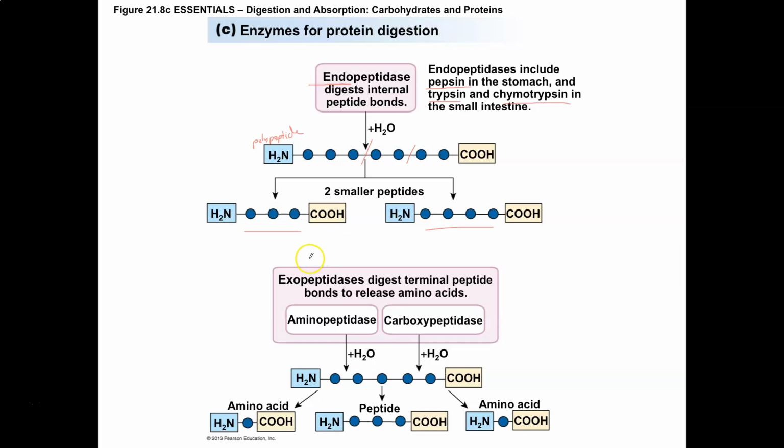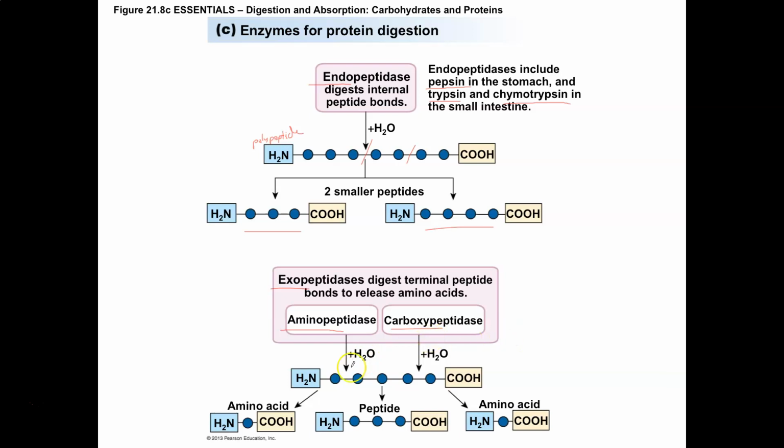Then we also have the exopeptidase enzymes. Okay? These are vitally important to our ability to absorb amino acids into the cardiovascular system. And that is because the exopeptidases, and the two varieties are aminopeptidase, which is one of those brush border enzymes, and carboxypeptidase, which is a pancreatic enzyme, are going to work at the ends of the peptide structure.